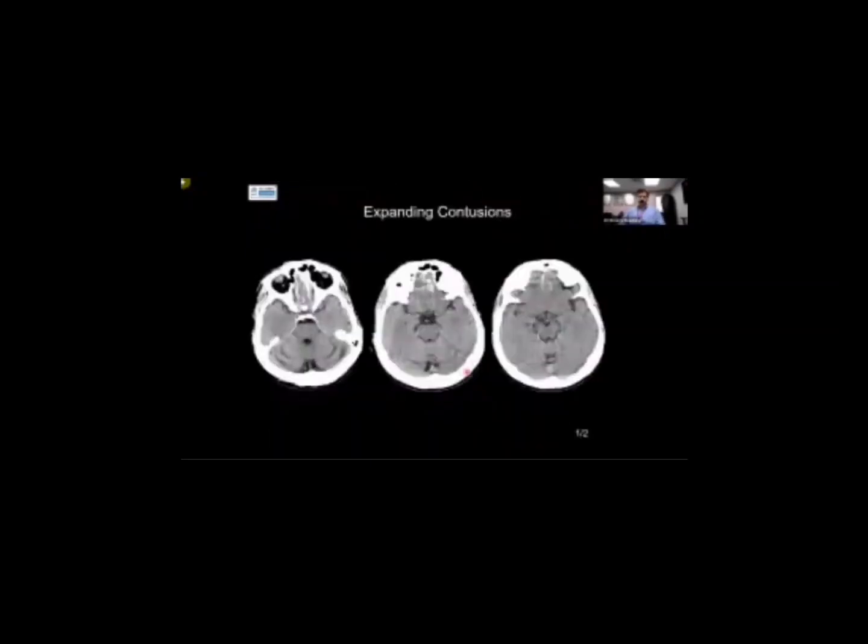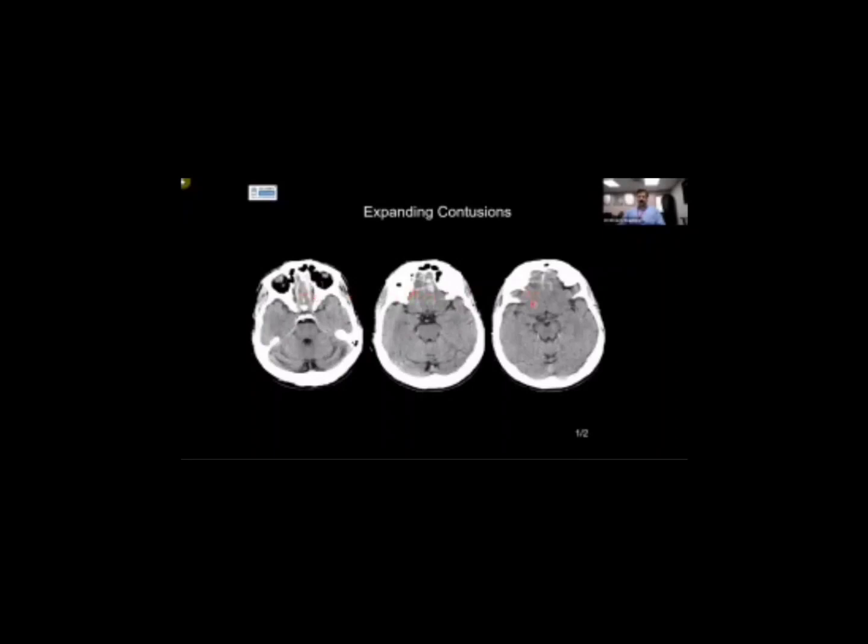Expanding contusion. So if you see here, subtle cases which you will get in the exam will be in which there will be subfrontal contusion, and the subfrontal region is usually not seen very well because of artifacts, right? And this kind of finding here. So beware of that. Having said that, this case is an expanding contusion.